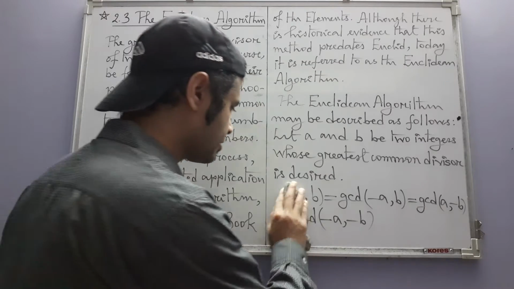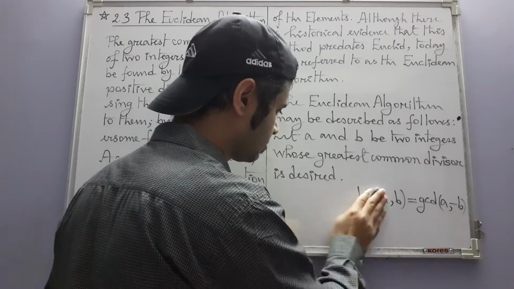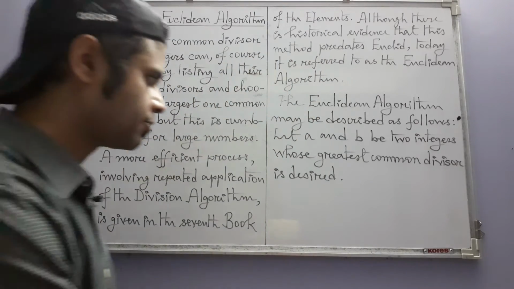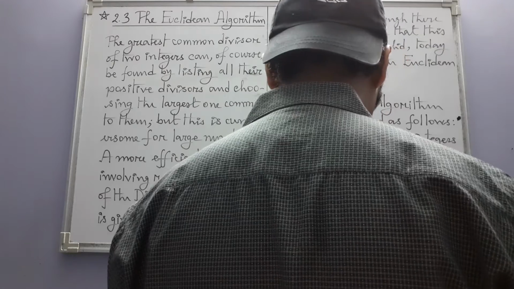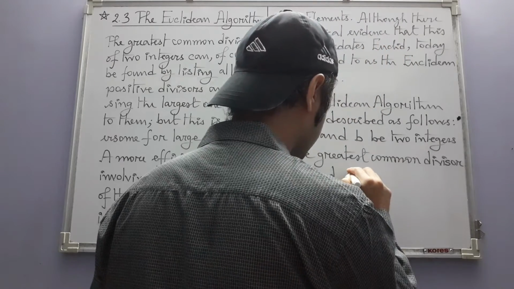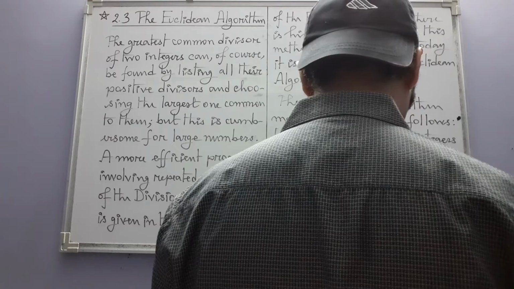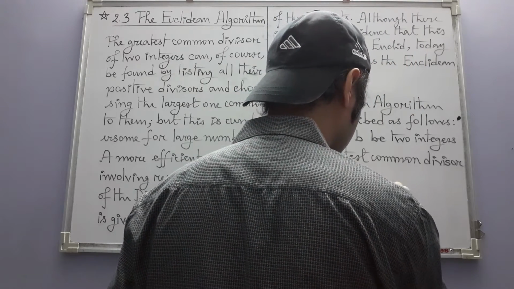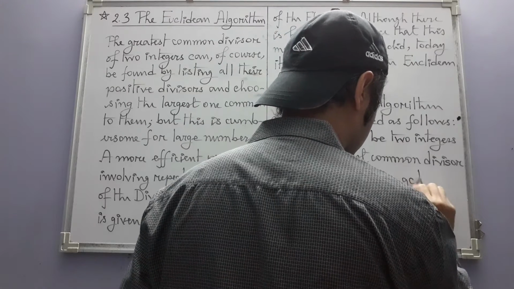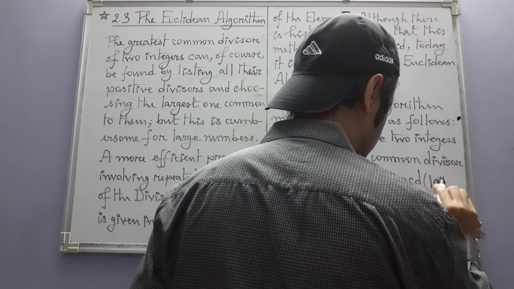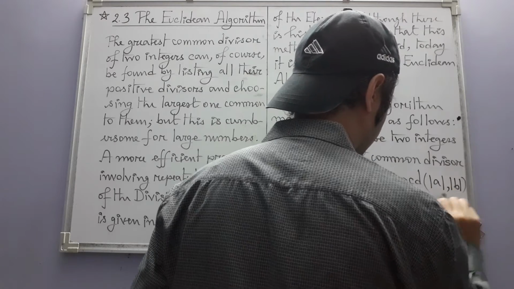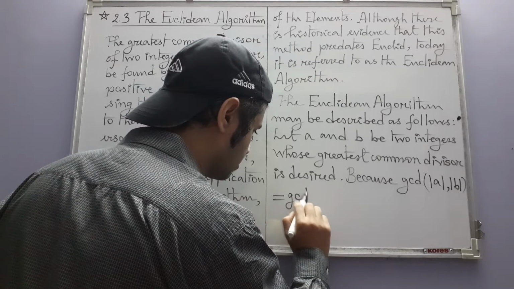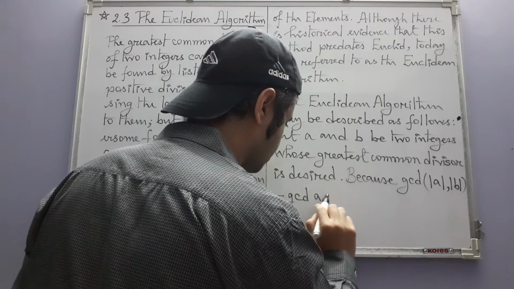That's why in the next line the author says this, so that we don't have to deal with negative integers unnecessarily, because the GCD of the absolute value of A and the absolute value of B is equal to the GCD of A and B.